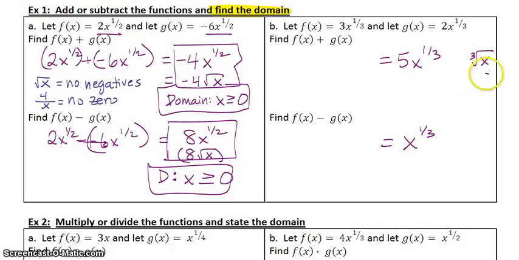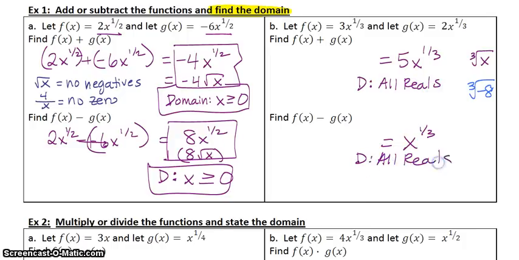Quick side note, try to do the cubed root of -8, for example. It is possible because -2 multiplied by itself 3 times would give us -8. So if I have a cube root of x, I can have negatives, I can have 0, and I can have positives. I can have anything. So I'm going to say that my domain is all real numbers. And it's fine with me if you just say all reals. So my domain is all reals for both of these ones.